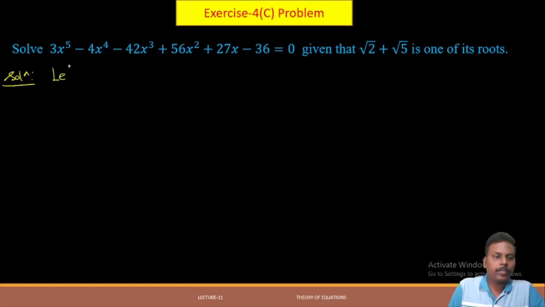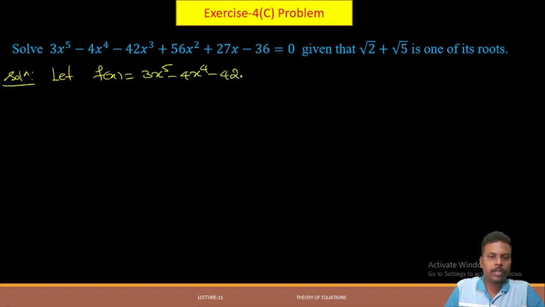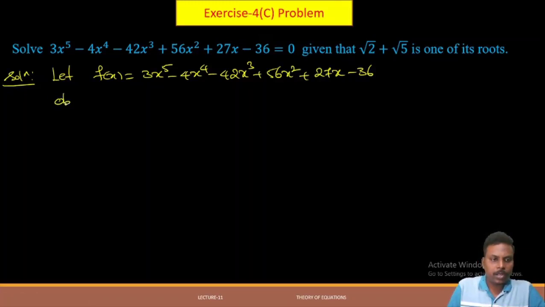Let f of x is equal to 3x to the power 5 minus 4x to the power 4 minus 42x cube plus 56x square plus 27x minus 36.